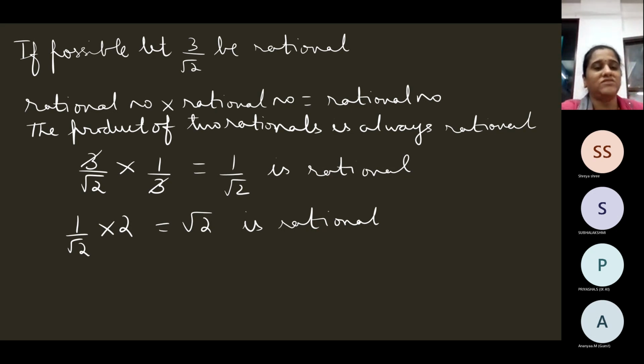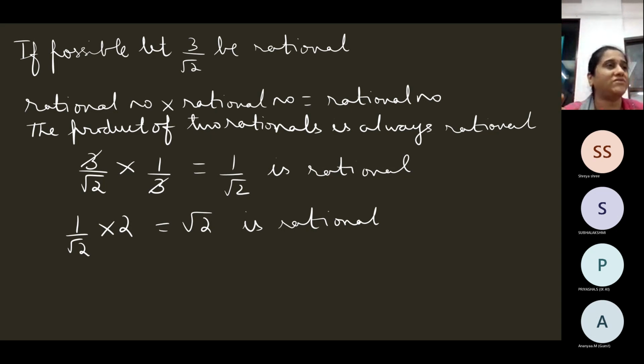So by the relation we got, that is the property of rational numbers, we've got root 2. Now, what was I telling you? Use the property of rational numbers. The sum, difference, product and quotient of two rationals is always rational, except when you divide by 0.